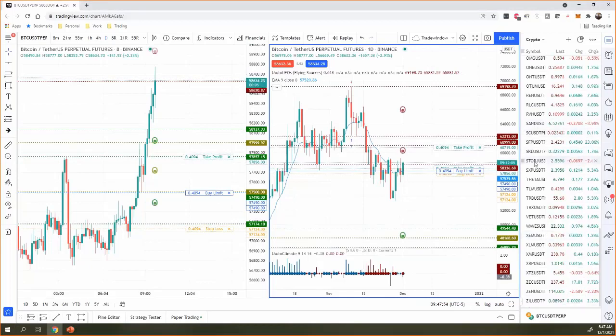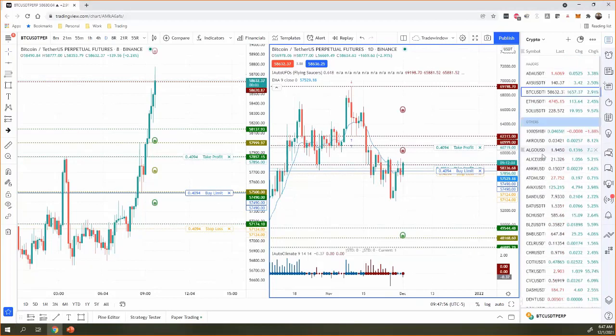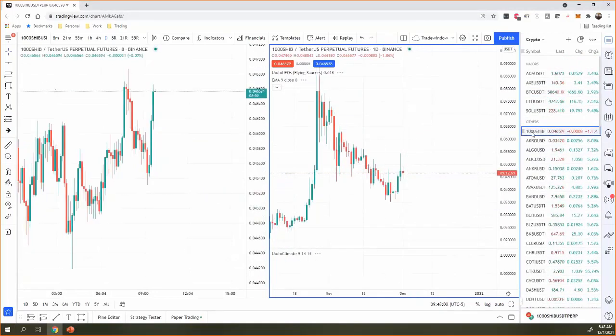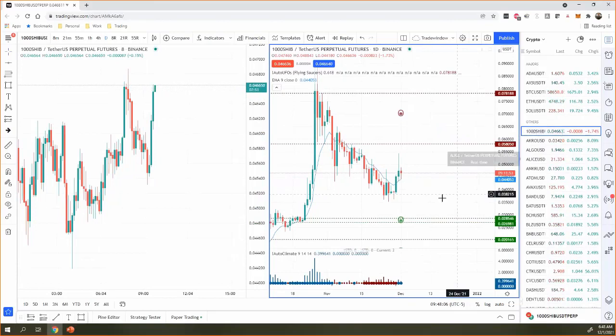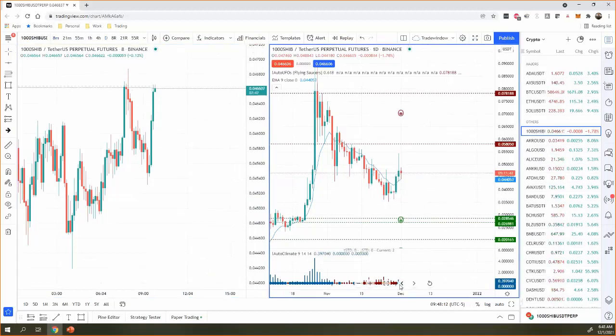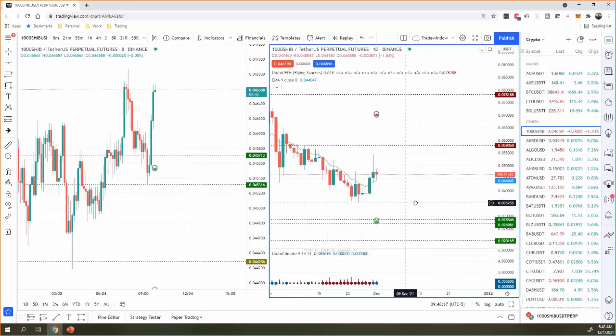Where is Shib? Oh, you're talking about, well, yeah, we just looked at SHIB. Sorry, I forget that over here it's 1000x SHIB, so that way there's not so many zeros behind it. Yeah, so SHIB, as you see on the daily, finally we got a confirmation of an up climate.